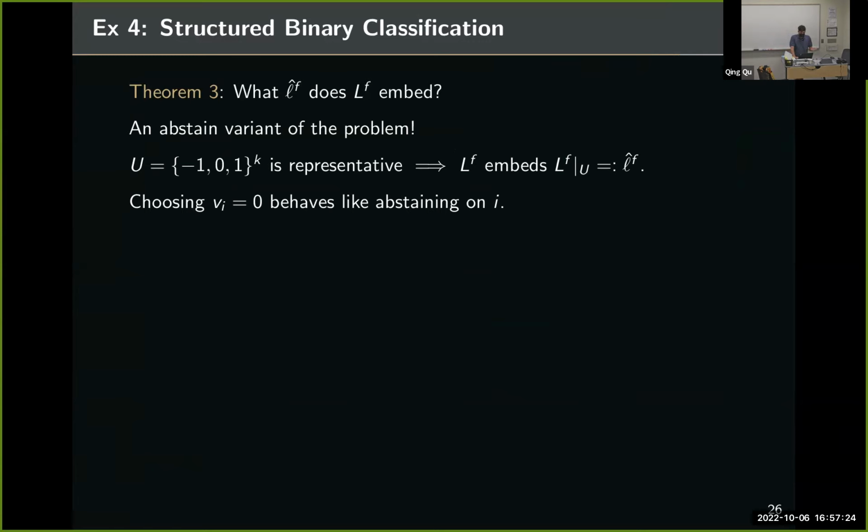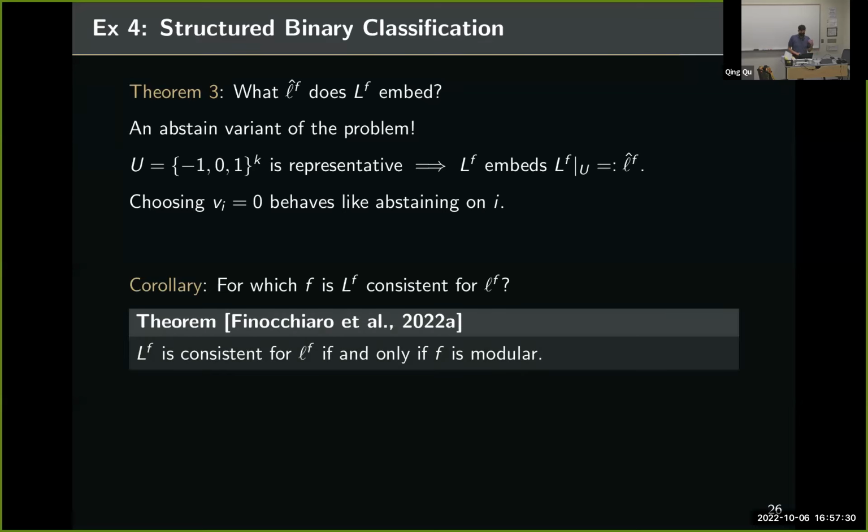Because of this, there's a lot more work once you get this, but you can show that it's basically only consistent in the trivial case. I haven't gone into submodular functions, but this is basically the trivial case where you would never do any of this anyway. So it's basically always inconsistent, but it does do something interesting. It's allowing you to abstain on a pixel by pixel basis.